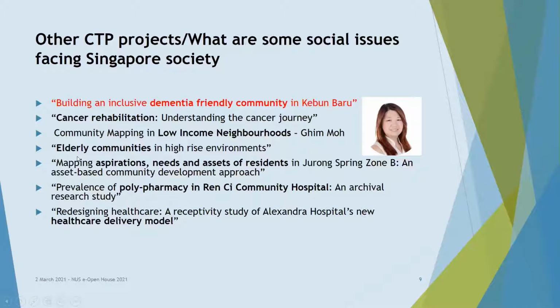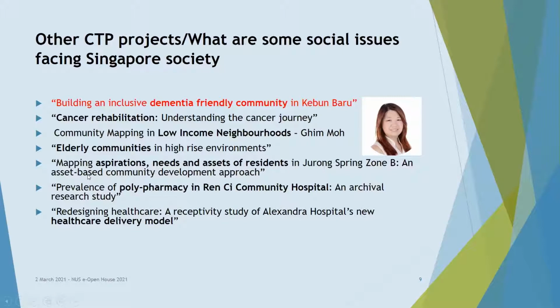And then we've done also projects about elderly communities in high-rise environments, right? People who live in one-room flats, in rental flats, or in flats, period. What is that kind of living environment like for the elderly population, particularly those who have been used to other ways of living in the past, right?